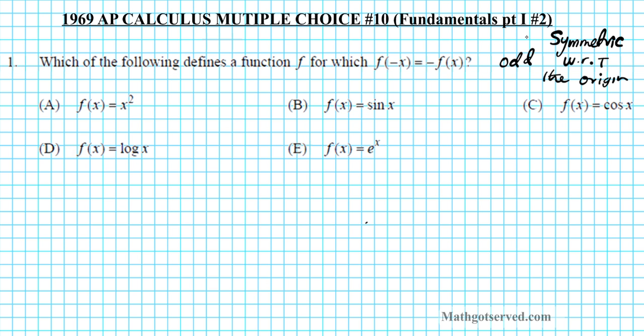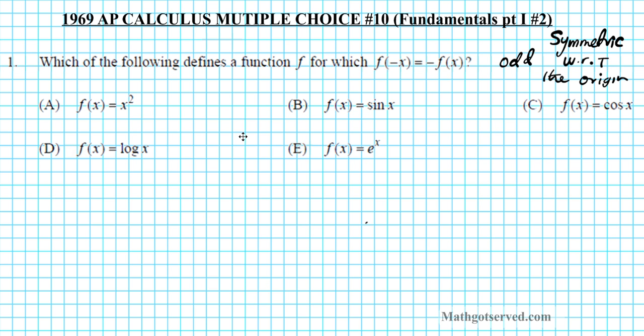So symmetry with respect to the origin means that if you rotate the portion of your graph on the right side of the y-axis 180 degrees about the origin, you basically overlap or get a perfect intersection with the other side of the graph.